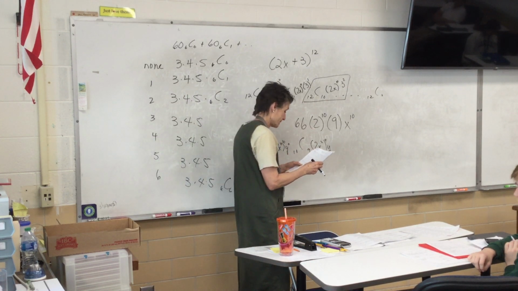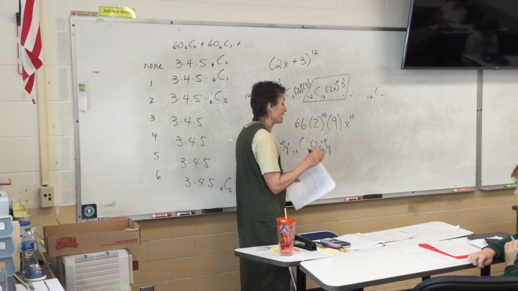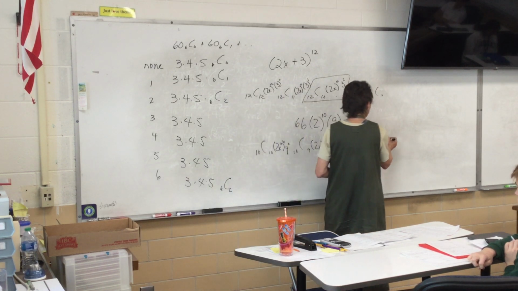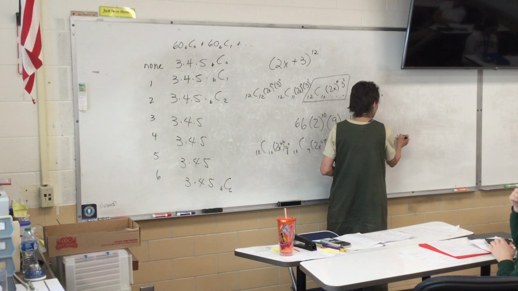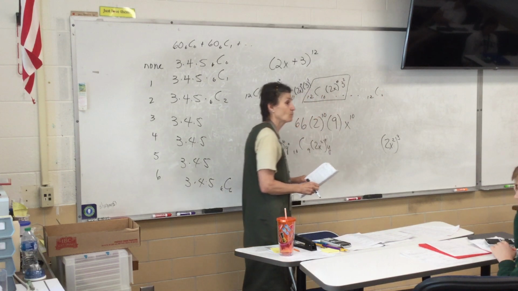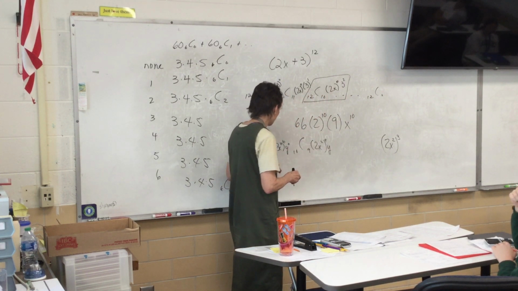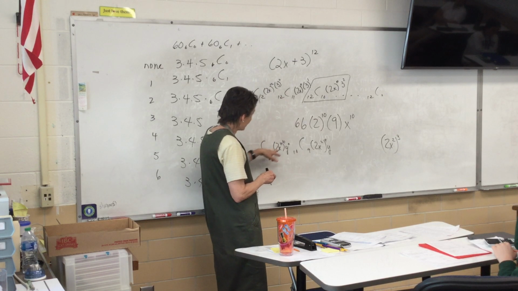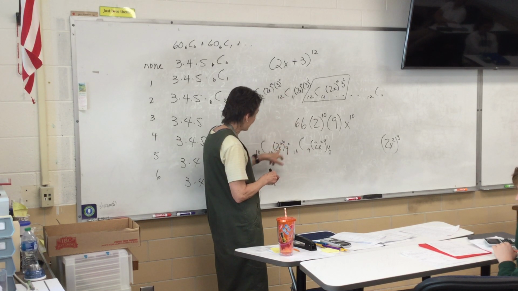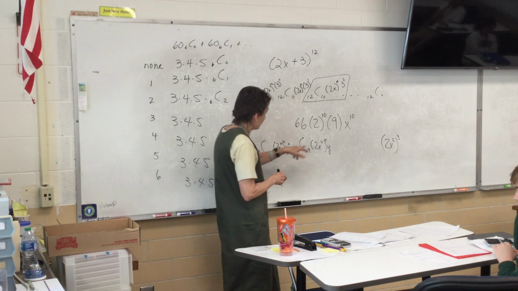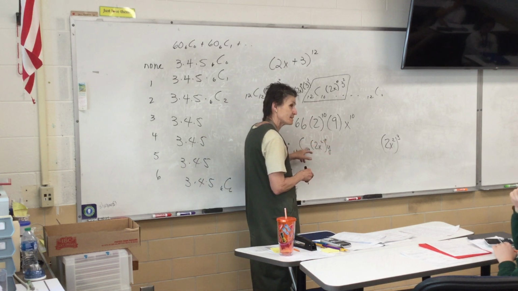So I want to have an x term that's x to the 6th, which means that 2x squared is going to have to be cubed. That's the one I want. So I have to figure out what the coefficient is going to be. Well, when 2x squared is to the 10th, it's 10C10. When it's to the 9th, it's 10C9.